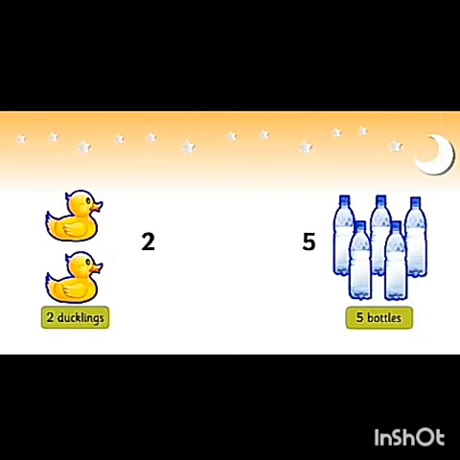There are two ducklings here and we have five bottles here. So which is more and which is less? Yes, the bottles which are kept on the right side are more in quantity, and the ducklings which are on the left side are less in quantity. So children, I hope you understood the concept of more and less.